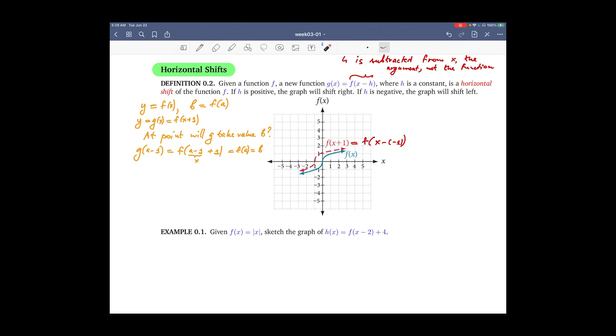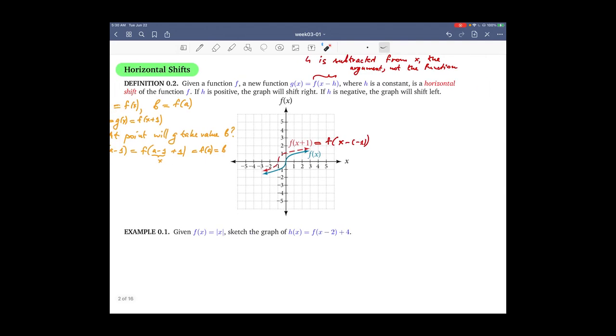If you think of x as time, you can say that g is 1 unit of time behind f. f takes value b at time a, g takes value b at time a minus 1. All right. And of course, the same stays for any other h, not necessarily negative 1.